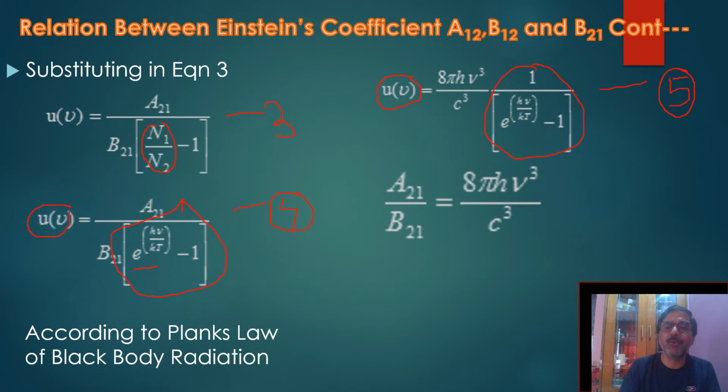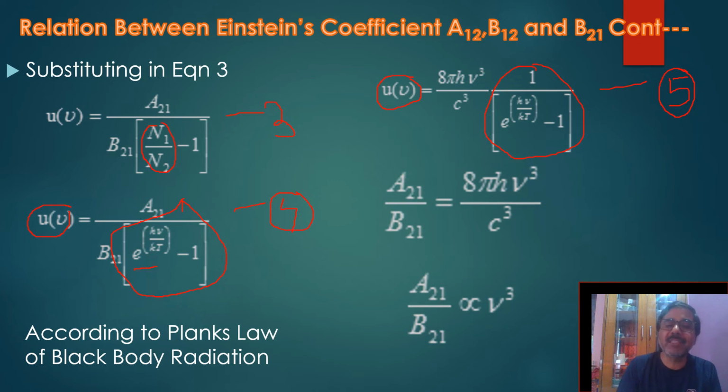So if I equate these two, I can say A21 by B21 equals 8 pi h nu cube by c cube. This is your A21 by B21. So now this is the value of A21 by B21. Now we can use this expression to find out how we can amplify the light.